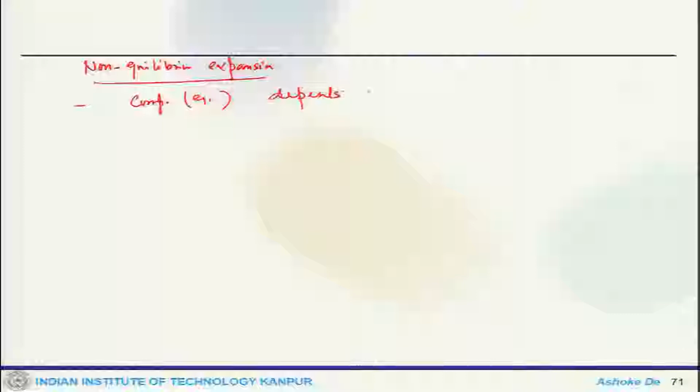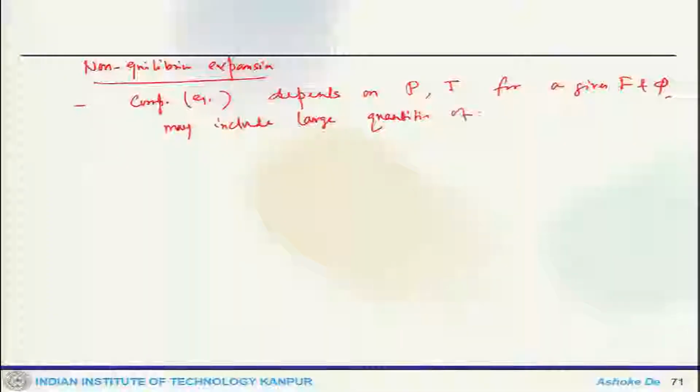The equilibrium composition essentially depends on pressure and temperature for a given fuel and equivalence ratio, and it may include large quantities of dissociated material.